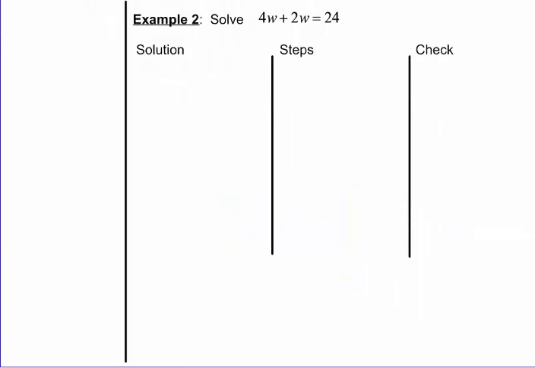Next example. We're going to solve 4w plus 2w equals 24. So we'll copy down our problem first under solution. Notice we have two parts with a w. We have to get it so that there's only one w, because we want to get the one variable by itself.